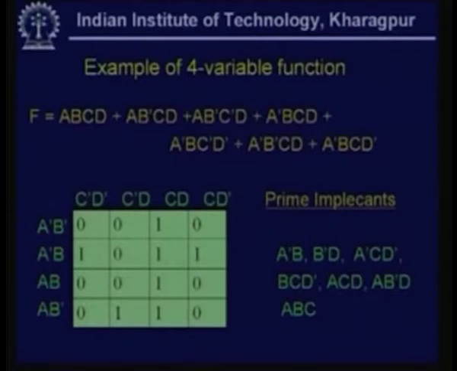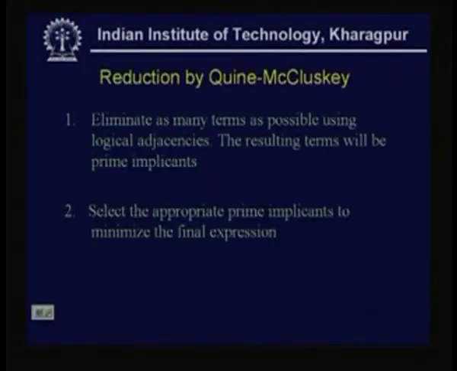Now, if it is a function of larger variables, then the number of prime implicants will be more, if we consider all the quads, couples, octets, or for larger variables the hex box, the box containing 32 ones, 64 ones.